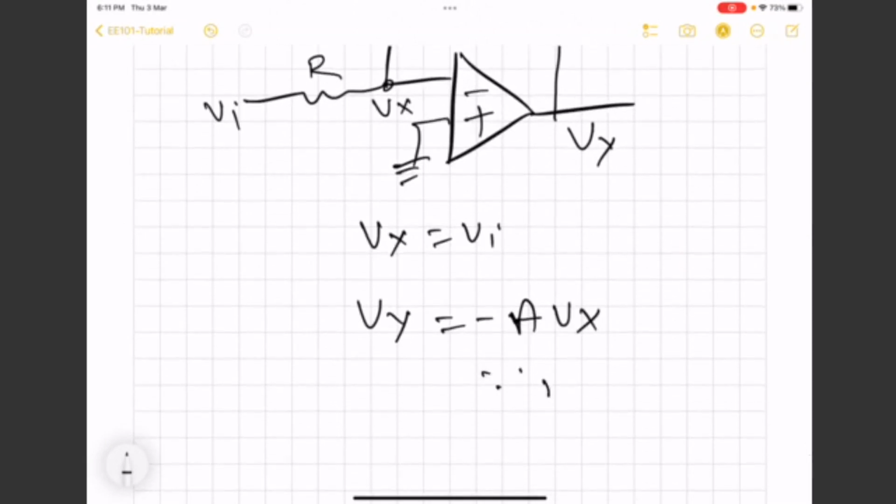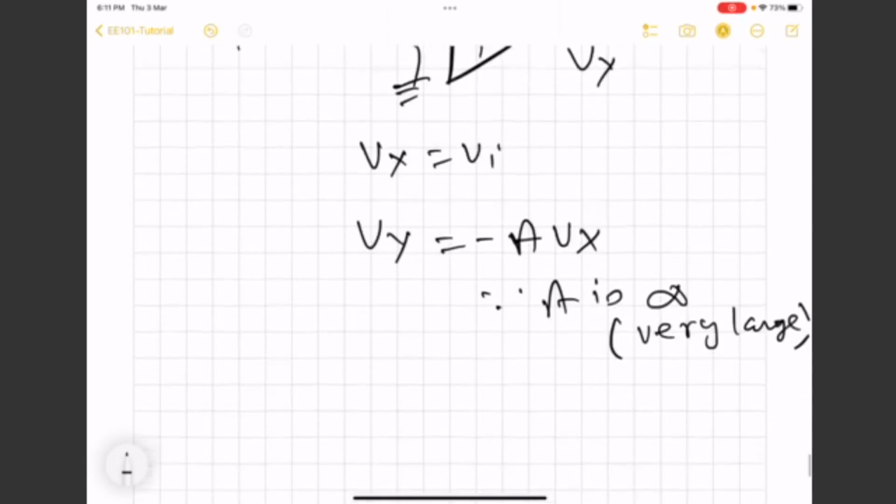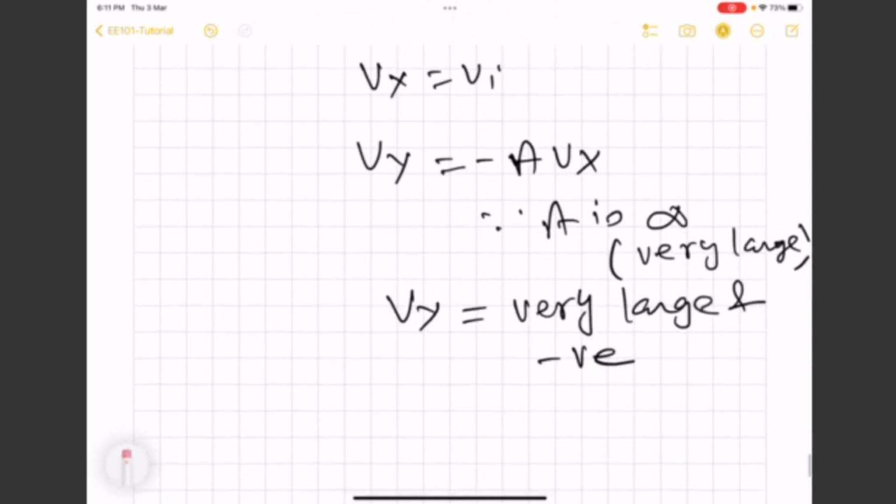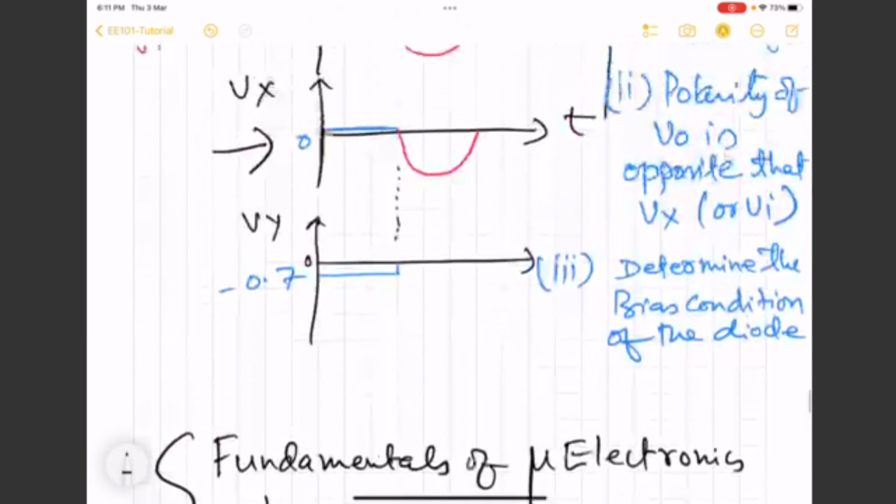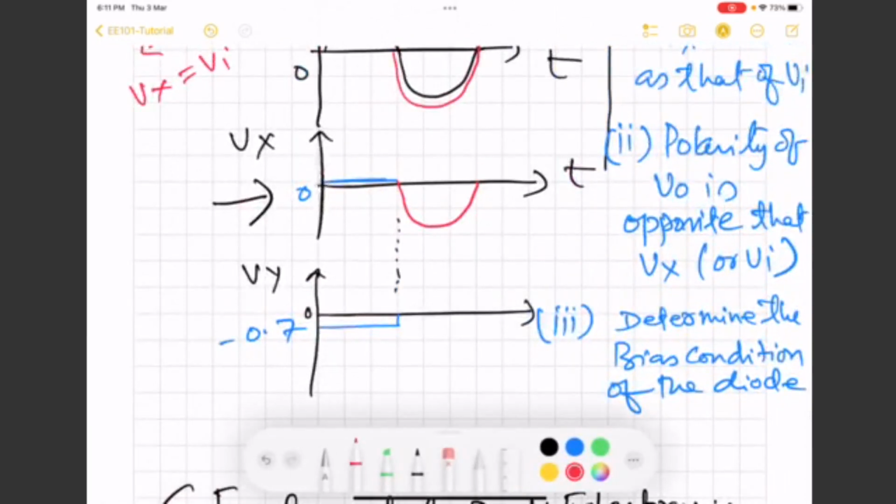So since A is ideally infinite or practically very large, right? So the Vy is going to be very large and negative. So in real life, this Vy is going to be maximum of minus 15 volts. So this is the maximum voltage we will get.